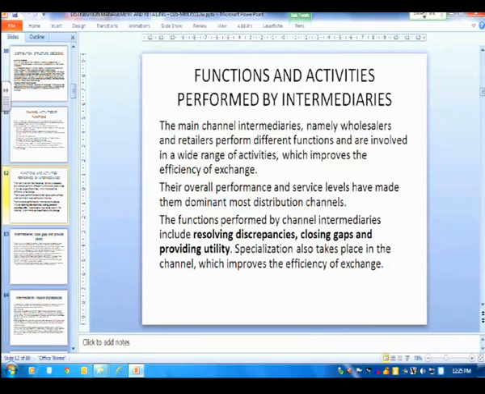Their overall performance and service levels have made them dominant in most distribution channels. The functions performed by the channel intermediaries include resolving discrepancies, closing gaps, bridging gaps, and providing utility. Specialization also takes place in the channel, which improves the efficiency of exchange.